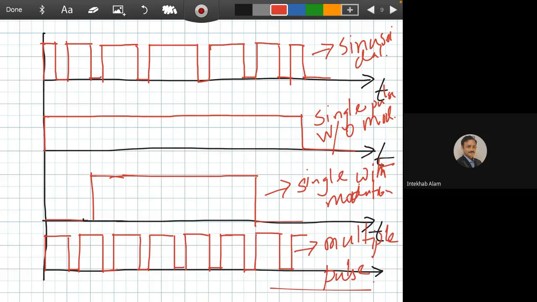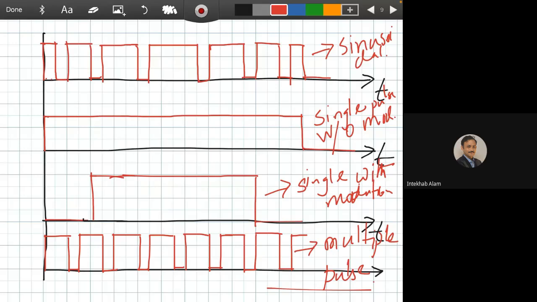Can you see the difference between these pulses? Is it okay? Can you see the differences? If you see this sinusoidal pulse width, you find one is a very short pulse in here, then the pulse is actually increasing, and then again increasing, and then again it becomes a little bit smaller duty cycle.